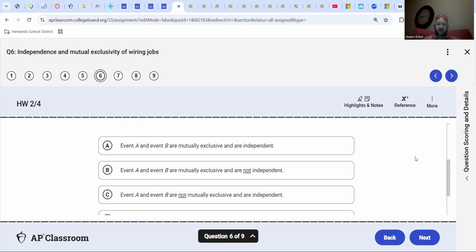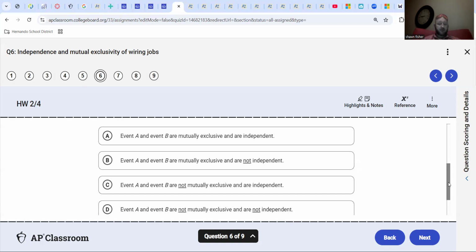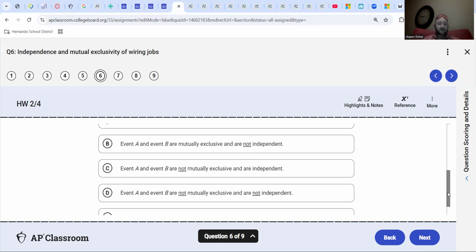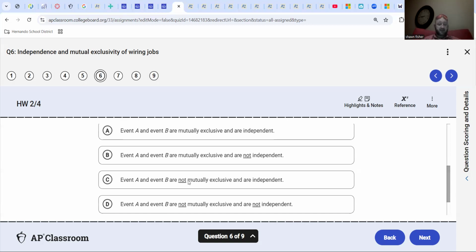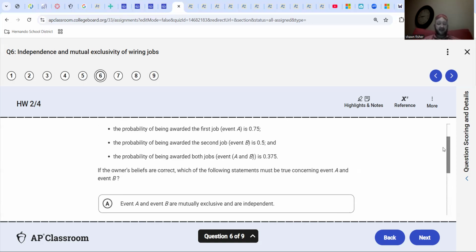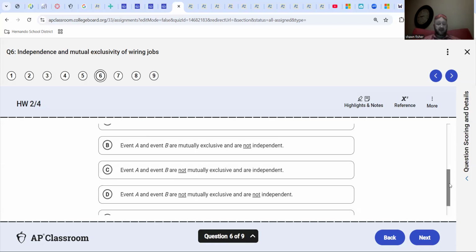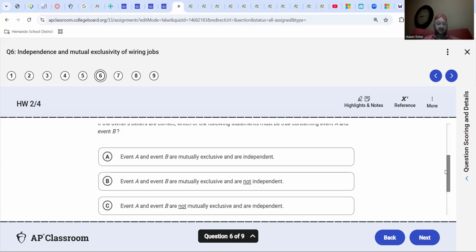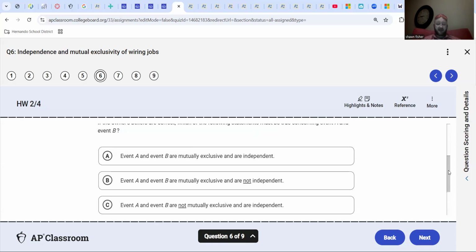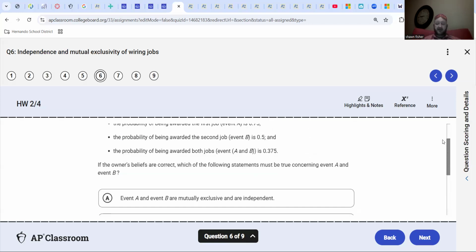Let's see. Oh yes, not mutually exclusive, and independent. Are they able to happen at the same time? Well, they've already given us the scenario that it can happen at the same time. So that's what mutually exclusive means. They're not mutually exclusive, so they can happen at the same time.